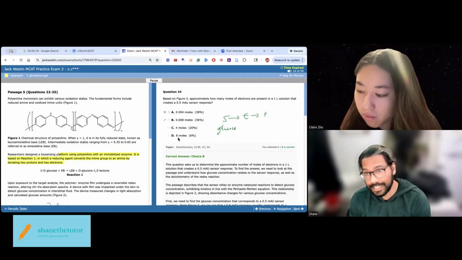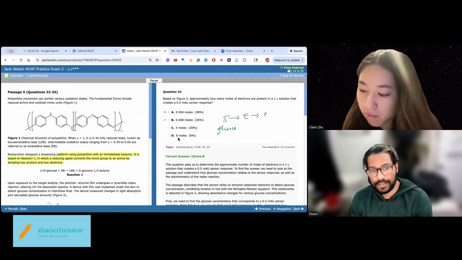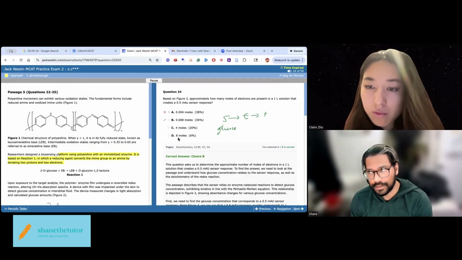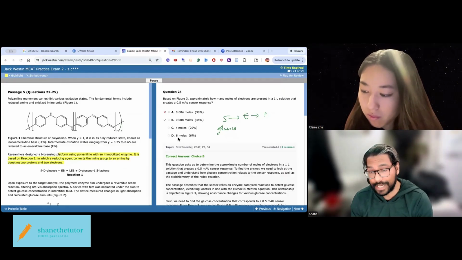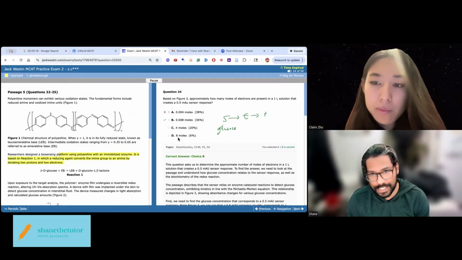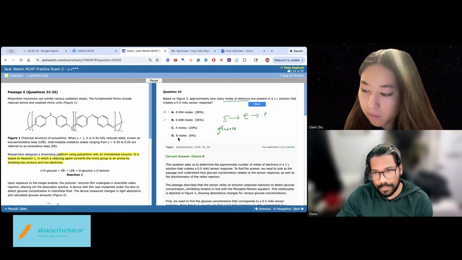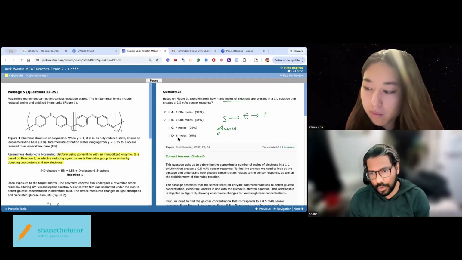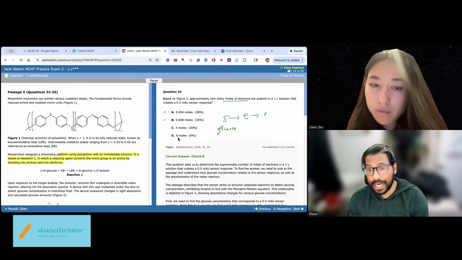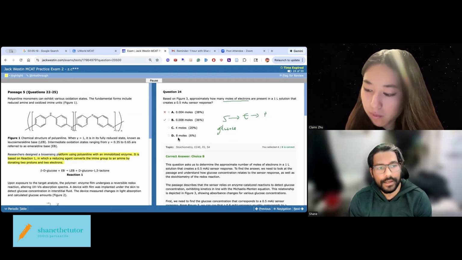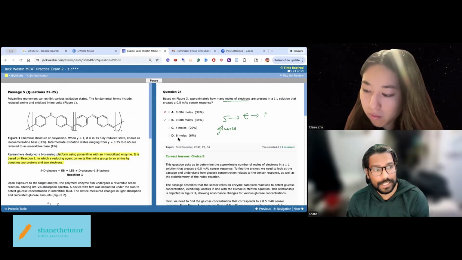Now that's completely separate from anything to do with changing the number of electrons of something. So when you see approximately how many moles of electrons are present here, I want you to be thinking redox. And that's also how the passage starts. It starts by talking about, essentially, redox.